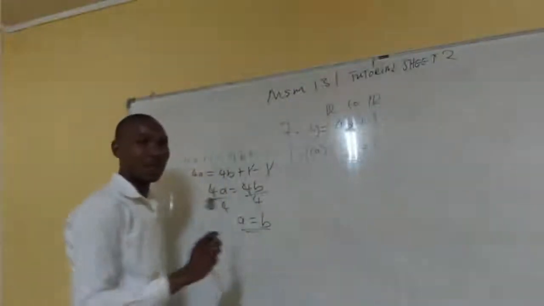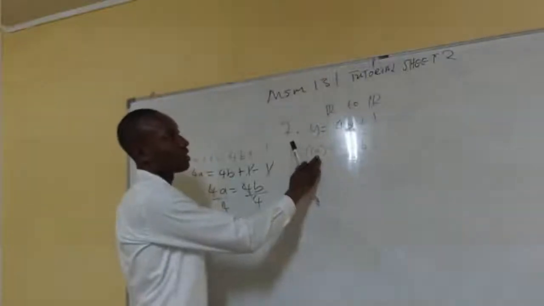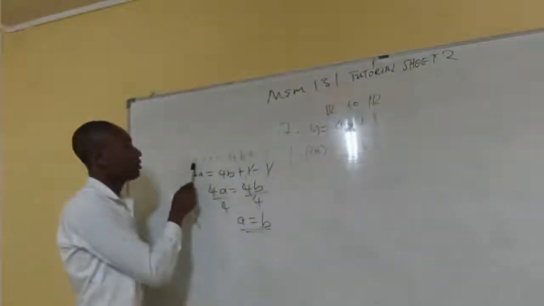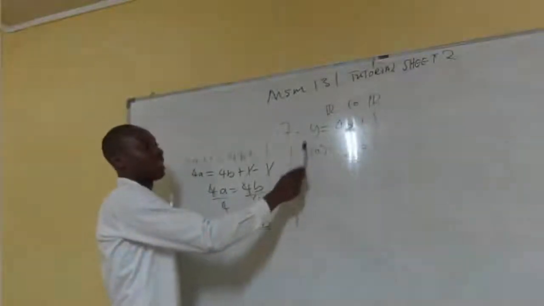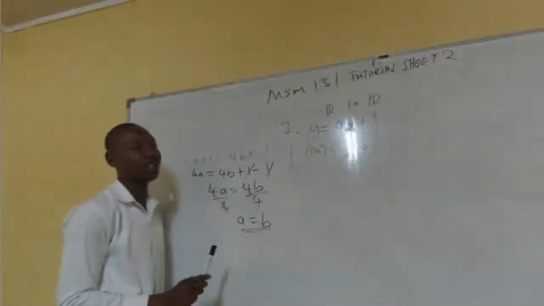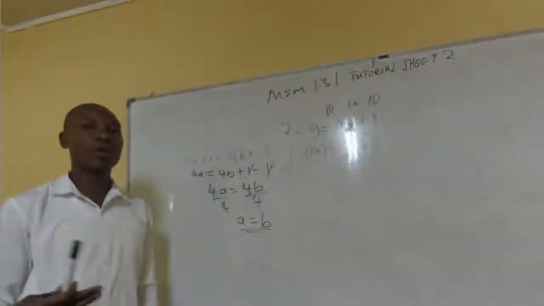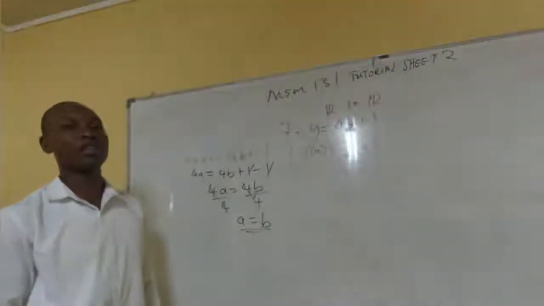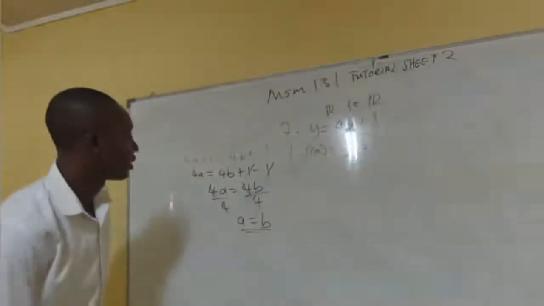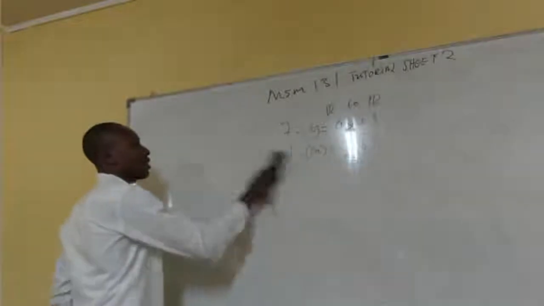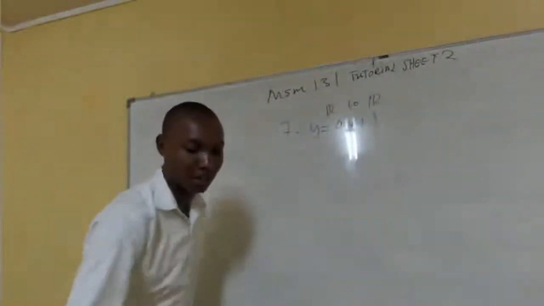To check if it's one-to-one, I simply placed a where there's x, and equated this to b. If a ends up being equal to b, then we know that this is a one-to-one relation, so this relation is a function. Remember, one-to-one relations are actually functions. So yes, this particular relation is a function.